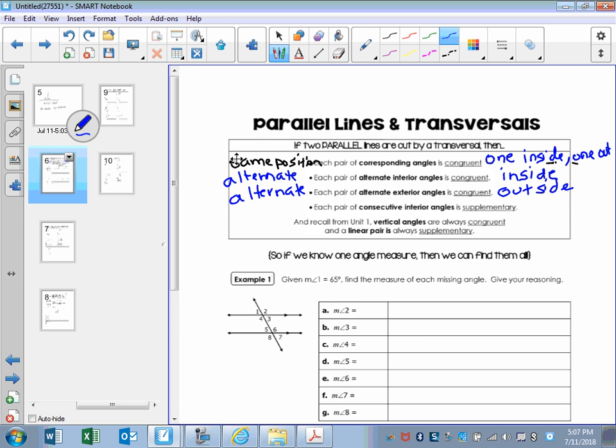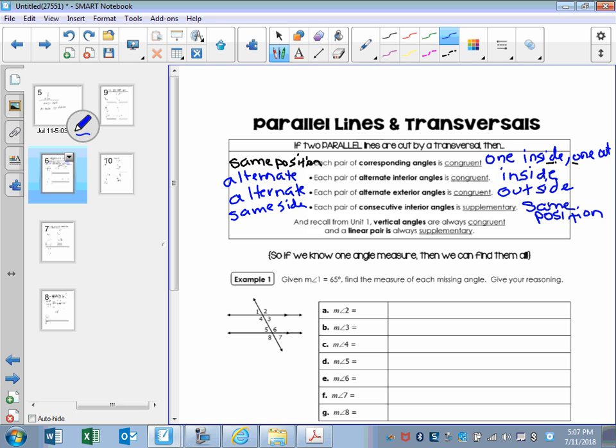Consecutive interior angles are same side angles, same position, or you could say on one side. Vertical angles are always congruent. A linear pair is always supplementary.